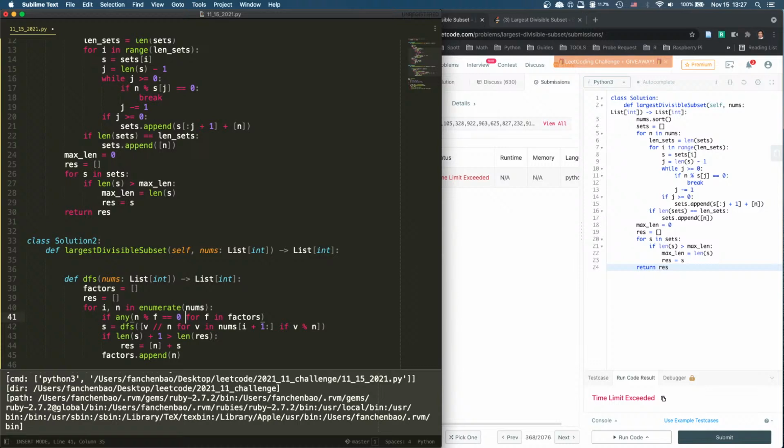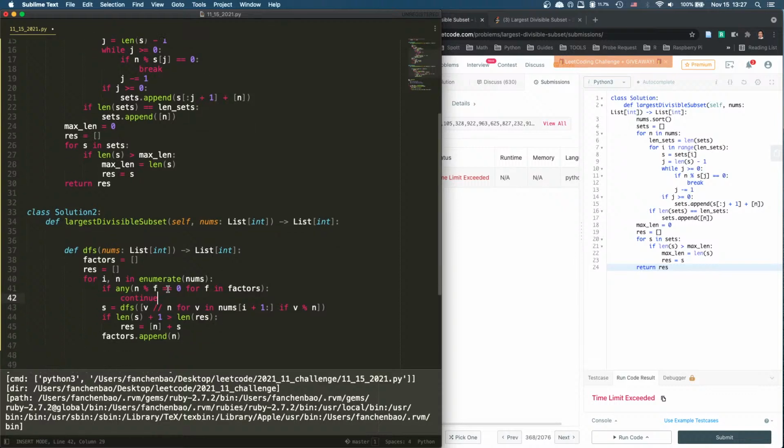If any factor is true, then we're going to continue. Only when it's not, then we are going to do this, factor out.